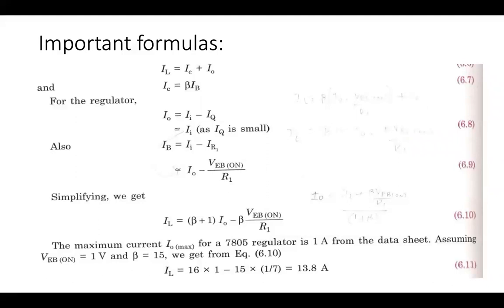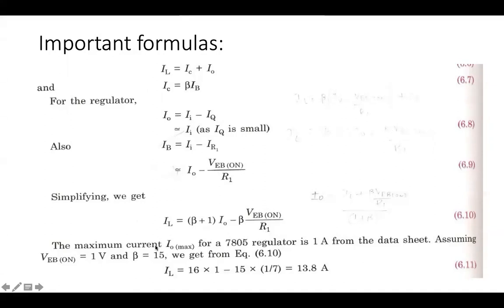And once we simplify this equation, this is what we are going to get, which is IL is equal to beta plus 1 into I naught minus beta, the same thing is here, VEB on divided by R1.